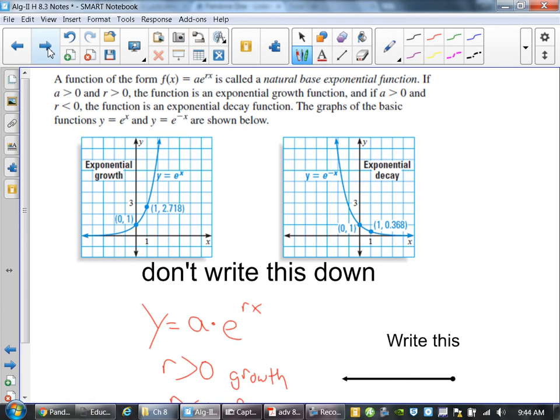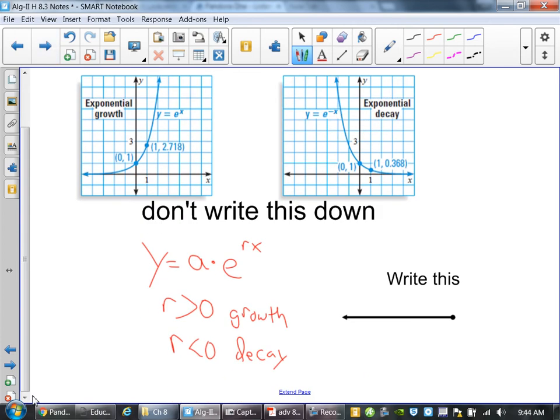Your generic form is y equals A times e to the Rx. If R is greater than 0, growth. If R is less than 0, decay. That's really all there is to that.